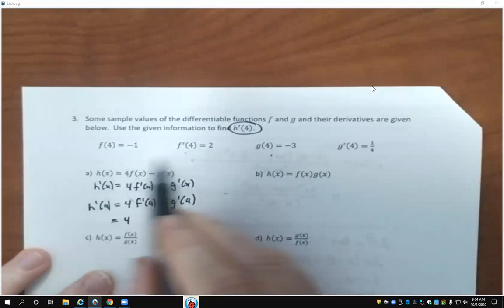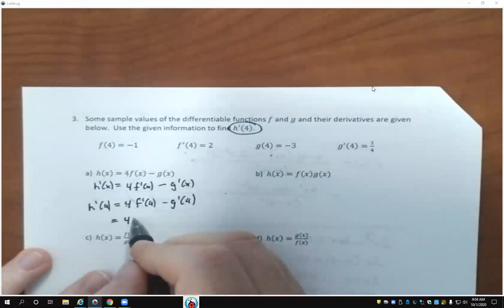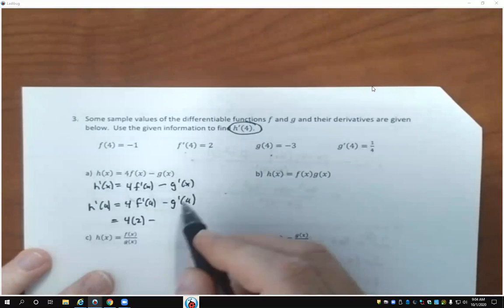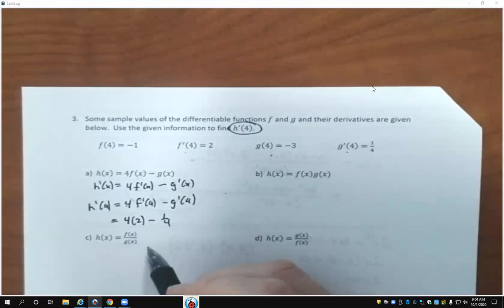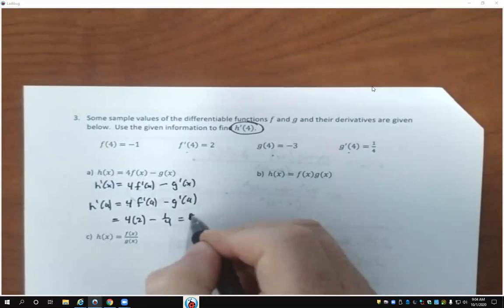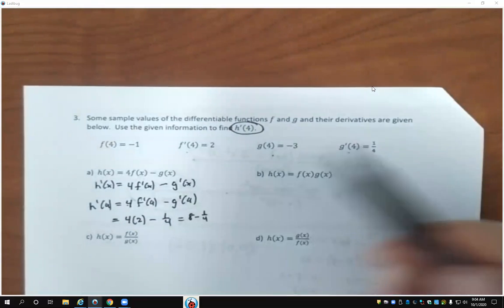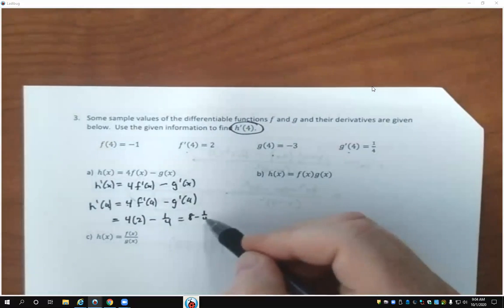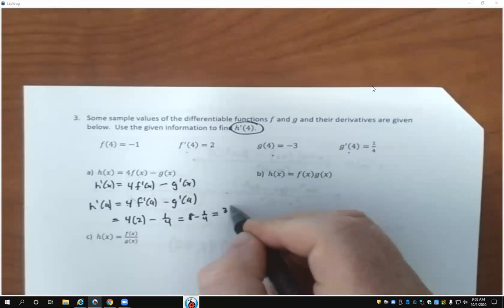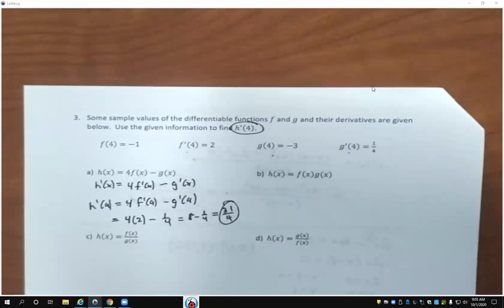So f prime of 4 is 2. So I'm going to have 4 times 2 minus g prime of 4 is 1/4. And then I have 8 minus 1/4. Okay, and this is 32/4, right? 8 is 32/4, and 32/4 minus 1/4 is 31/4.